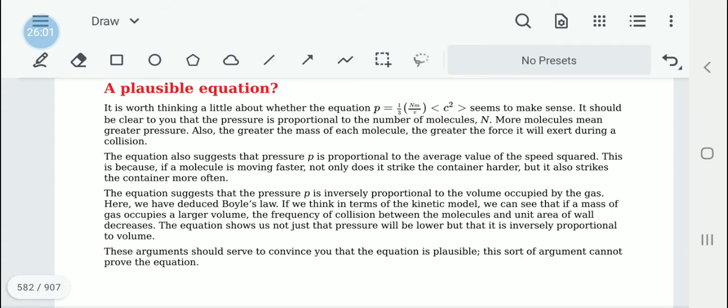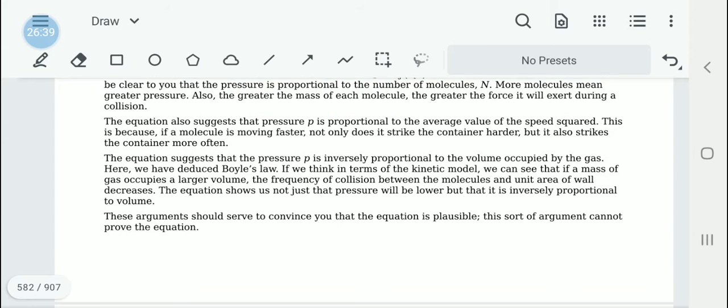That is Boyle's law; we have deduced Boyle's law. If we take the kinetic model, if the same amount of mass is in a larger volume as against a smaller volume, the frequency of collisions would be higher in the smaller volume. So the pressure is inversely proportional to volume. That is, the higher the volume, the lower the pressure. Therefore, we know that this is a plausible equation.